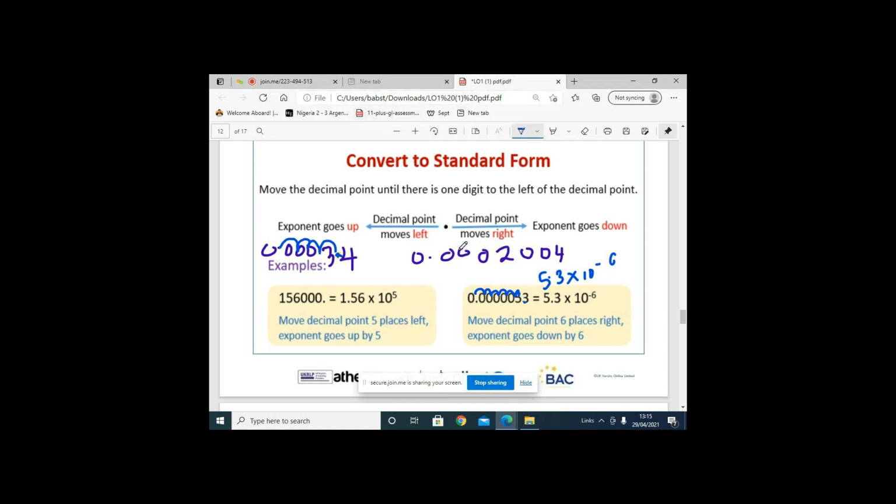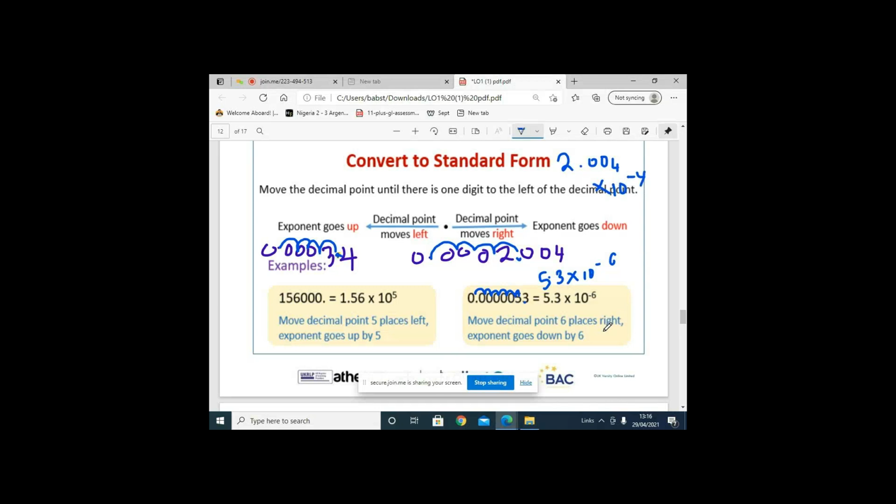I count it, 1, 2, 3. You stop here. So it's going to be 2.004 times 10 to the power of 1, 2, 3, 4. Times 10 to the power of -4. Nice.